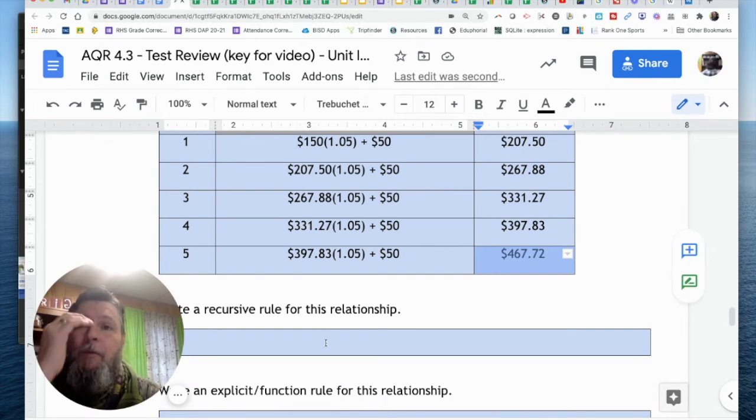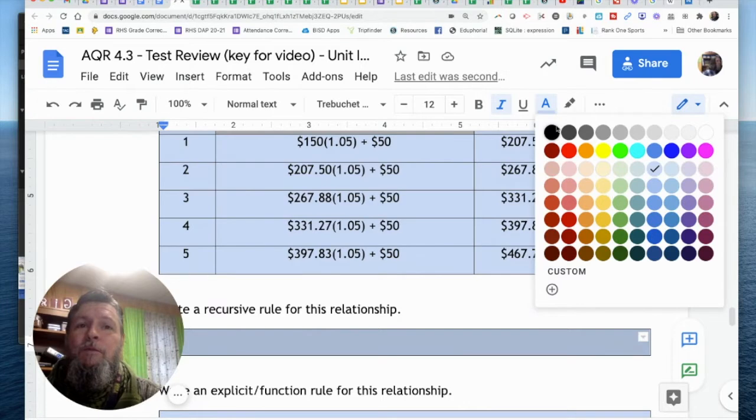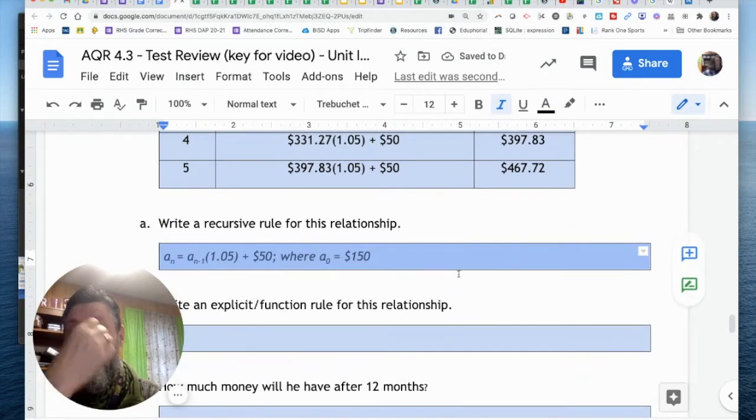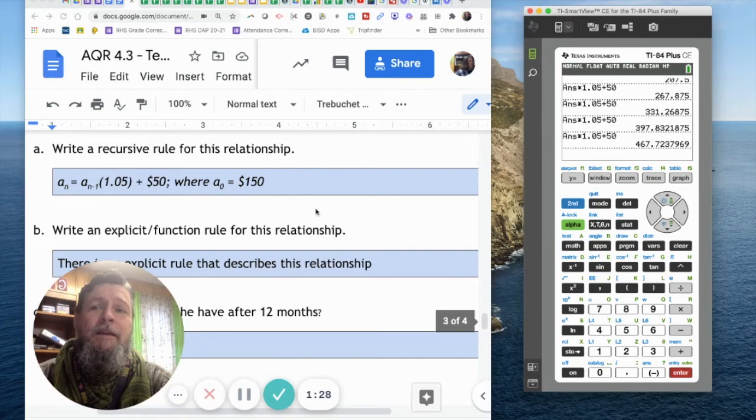We're going to multiply that by 1.05 and add $50. And if you see in this next one, that's exactly what it says. And we start where the very first value is $150, okay? So it's whatever the answer was in the last one, times 1.05 plus 50. So I used the recursive rule to create this recursive routine in my calculator.